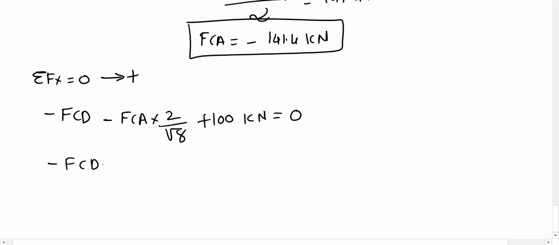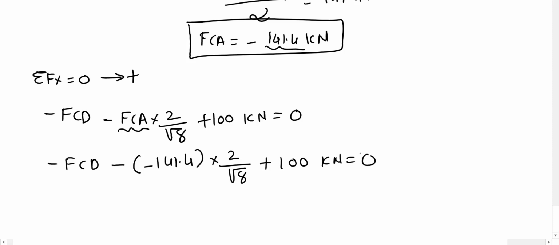So minus FCD minus FCA, we need to substitute this value, minus 141.4 times 2 on square root 8, plus 100 kilonewton equal to 0.